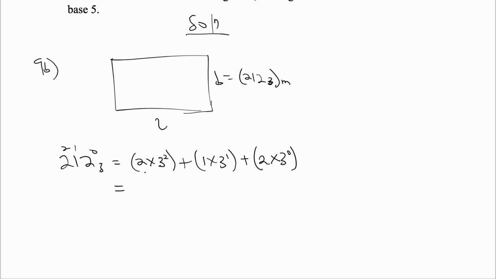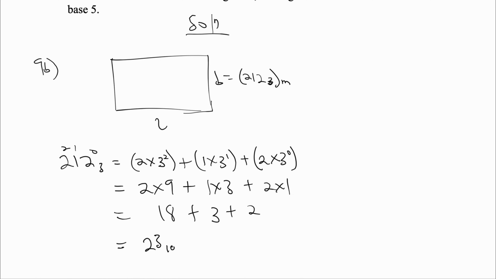This will be equal to 2 times 9 plus 1 times 3 plus 2 times 1. We have 18 plus 3 plus 2, which is equal to 23 base 10.